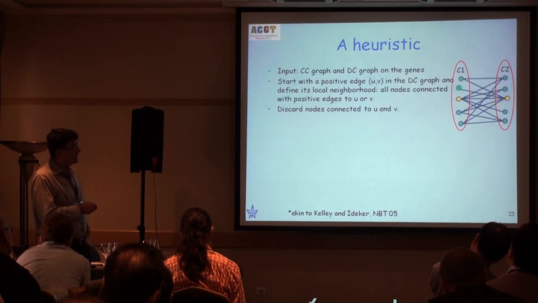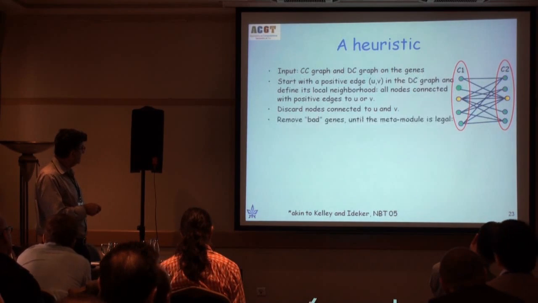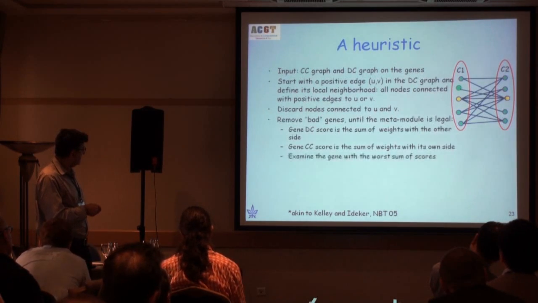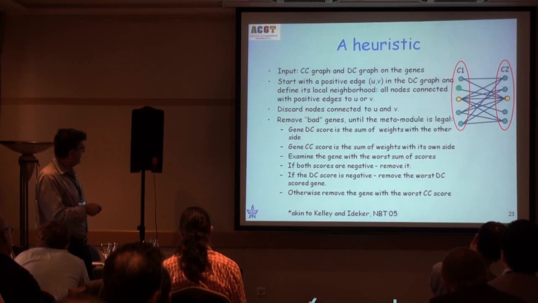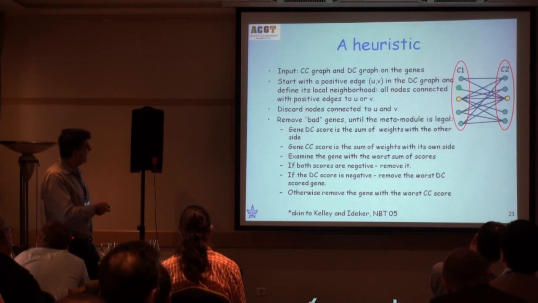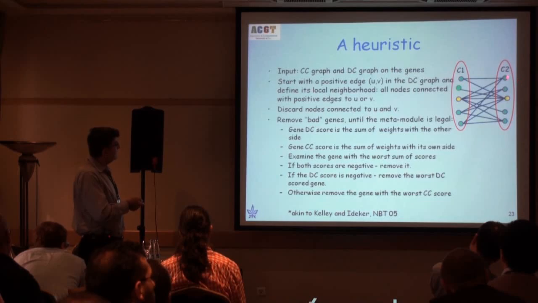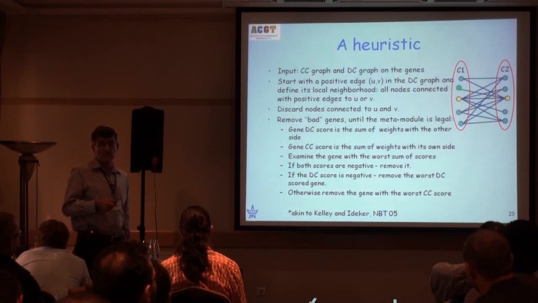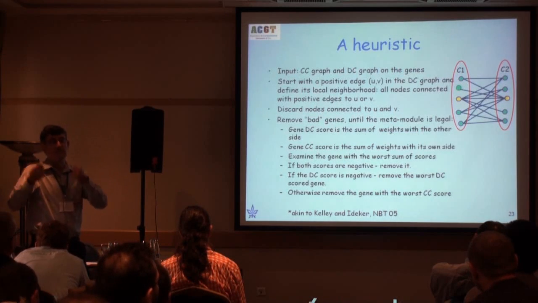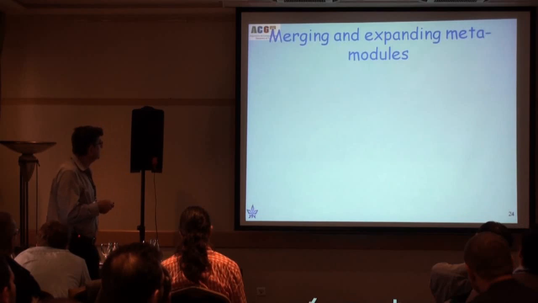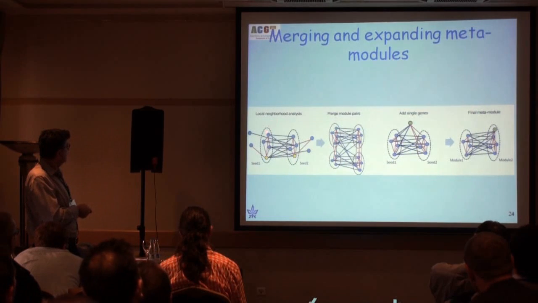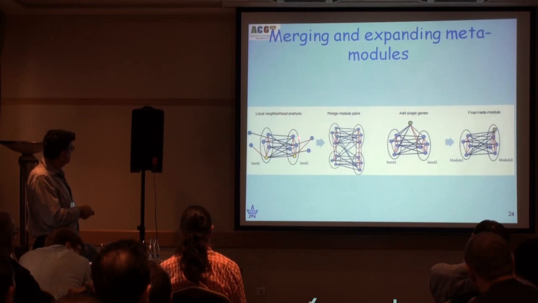And we apply a set of heuristic steps. I think I'll skip this part too. And eventually we end up with a set that we will call a seed. This will be our initial meta-module. What we described here is this local neighborhood analysis step.